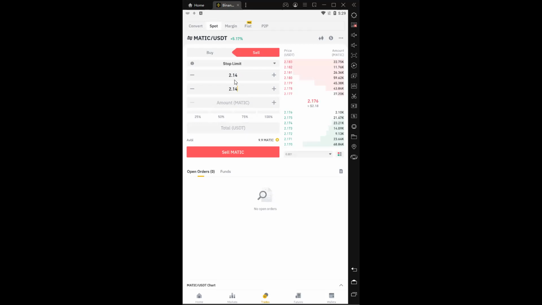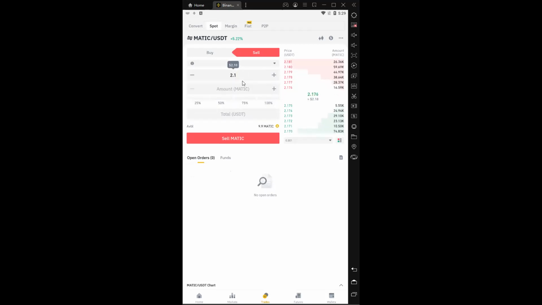If you select limit now and you press 2.14 and press sell immediately, Binance have created an algorithm whereby if you try to sell at a price lower than the current market price, it will automatically sell at the market price right now.